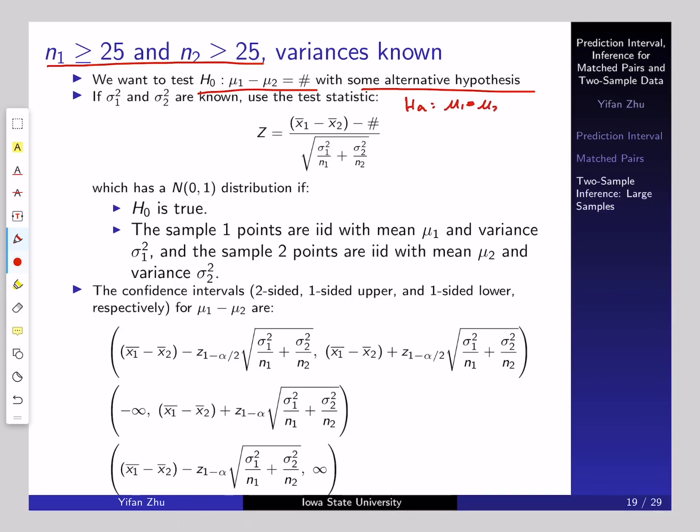So the alternative is also about mu1 minus mu2. It is either different, greater, or less than that number. And if sigma 1 squared and sigma 2 squared are known, then we will use this test statistic.